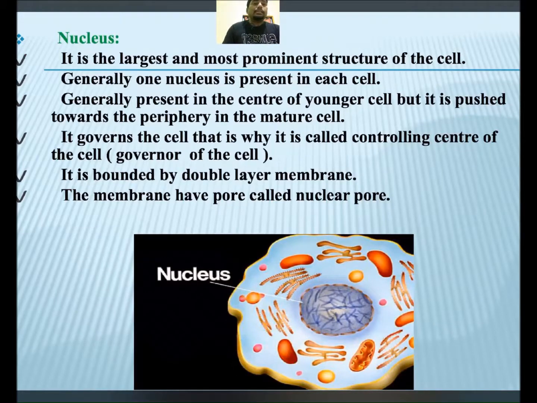Generally, nucleus is bounded by double layer membrane. So it can also be called as bimembranous structure or double membranous structure.